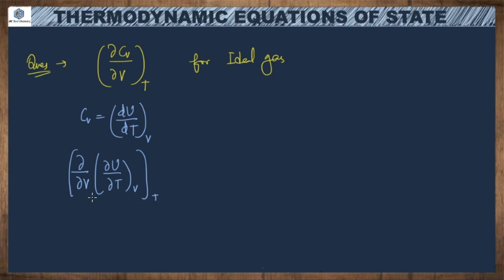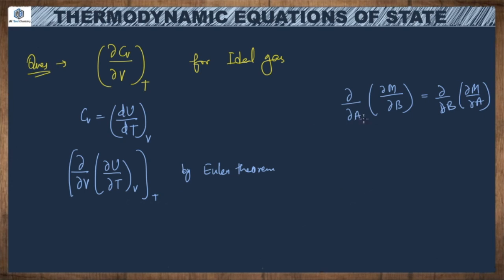Now I'll apply a theorem called the Euler theorem. What does that theorem tell me? It tells me that if something is a state function, and if it is in this form, del by del A of del M by del B, I can write it like this also: del by del B of del M by del A. That's what the Euler theorem tells you, that you can change the order of the differentials.